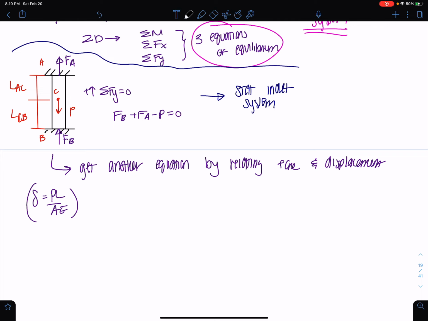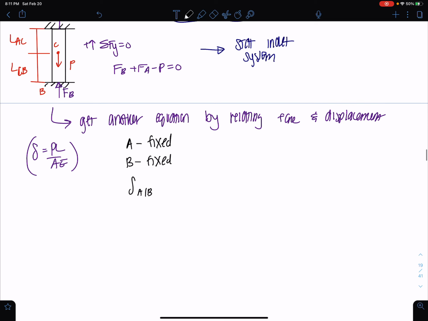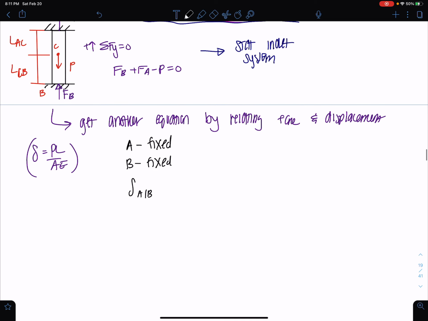And I also want to show you that A is a fixed support and B is a fixed support. So wouldn't that mean that the displacement of A relative to B is basically equal to 0 here? Neither of those sides can move.